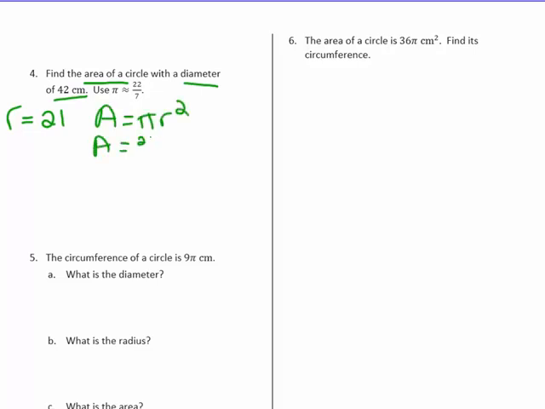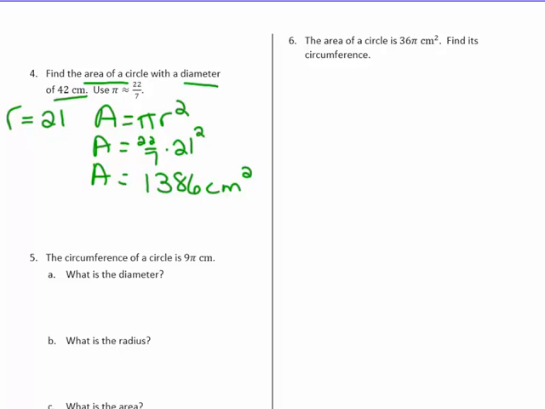Pi, they told me, is 22/7. Radius is 21 squared. Putting that into my calculator, 22/7 times 21 squared. I don't have to divide it by anything because it's a full circle. So it's 1,386 centimeters squared. Formula, number, answer, label.